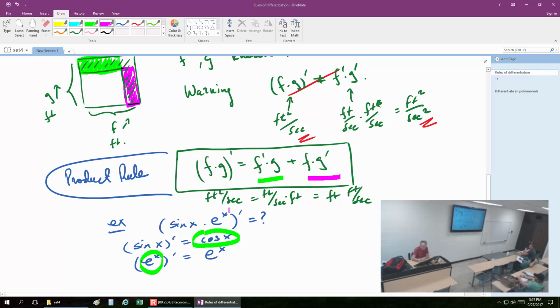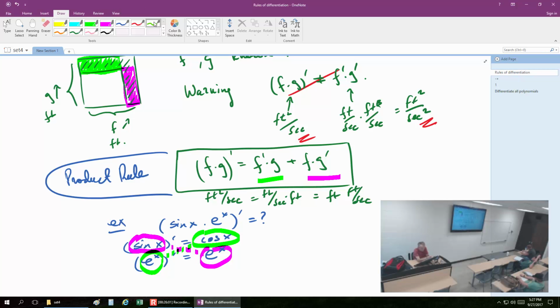And now the second one is f, which is this, times g prime. Okay, so like I said, it is a cross multiplication followed by addition. So let me carry that out.